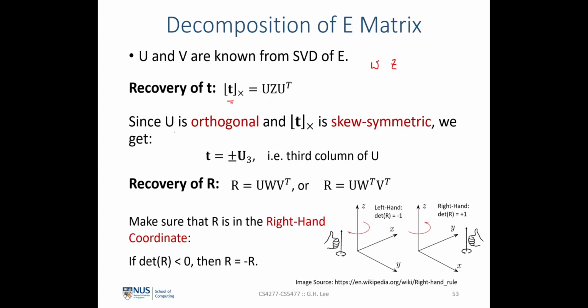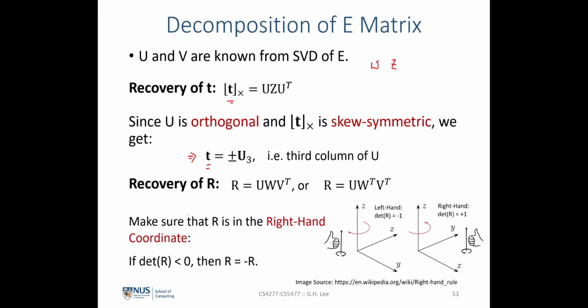And since U is an orthogonal matrix and T is a skew symmetric matrix, we can get this relation where the translation vector would be simply obtained as the plus minus third column of the left orthogonal matrix U from the SVD of the essential matrix E.